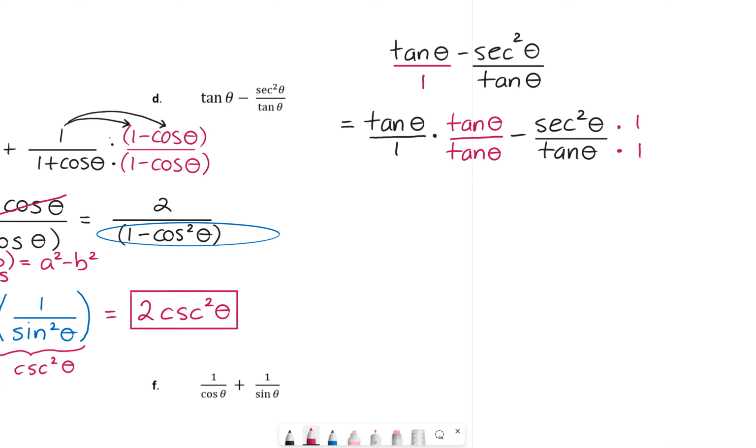And I don't really have to write the 1, but just to make you see that it's consistently the same process, I'm going to go ahead and write it in. Tangent times tangent is tangent squared theta. So now I'm seeing about all the numerator values. I'm distributing them out. Minus secant squared theta over the common denominator of 1 times tangent theta, which is just tangent theta.